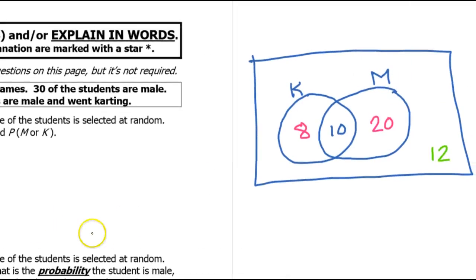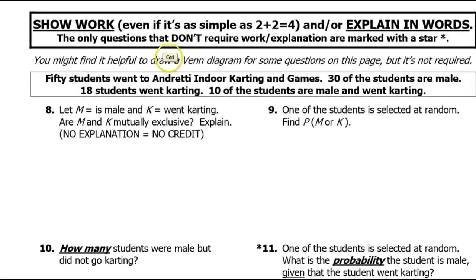All right, now, armed with our Venn diagram, we should be able to easily answer these questions. First of all, M equals is male, K equals went karting. Are these events mutually exclusive? Well, no. Mutually exclusive means that there's no overlap between the two. So maybe I can type this in this software. Are they mutually exclusive?